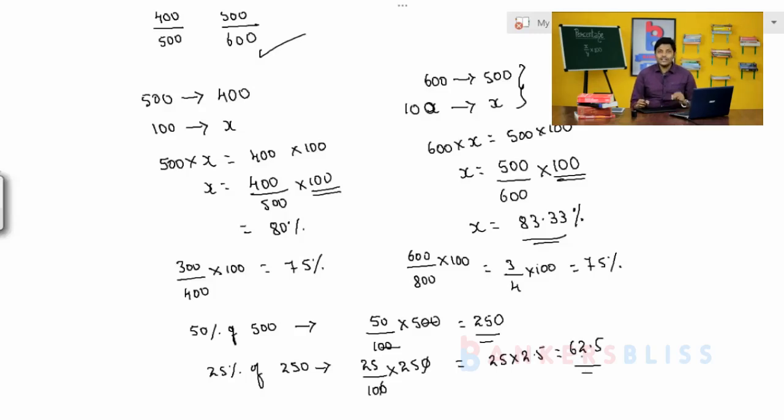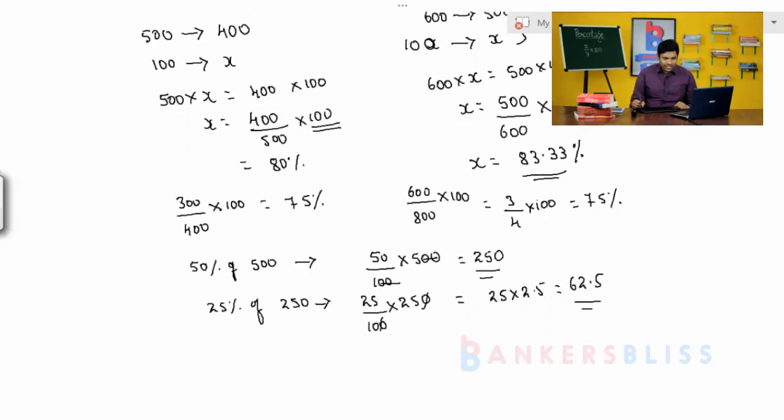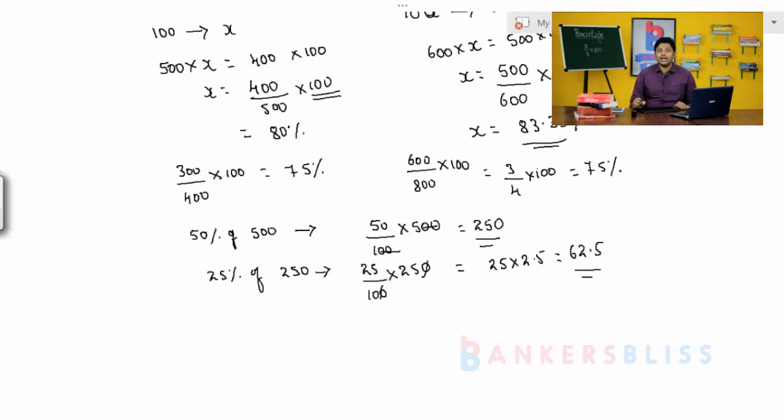So you have learned two things now: how to convert these things into percentage, and from percentage how to convert to the normal value. If you want to convert into percentage, then you have to multiply it by 100. If you want to convert from percentage to the fraction or to the value, you have to divide it by 100.